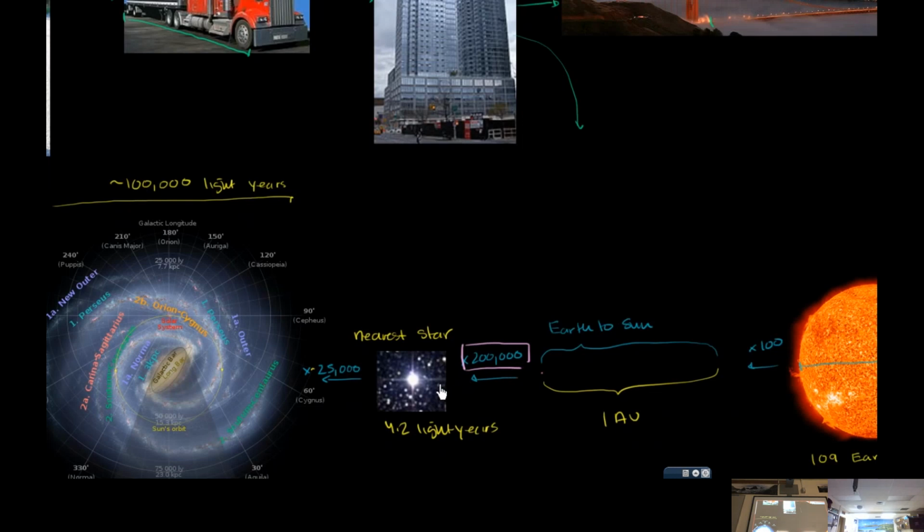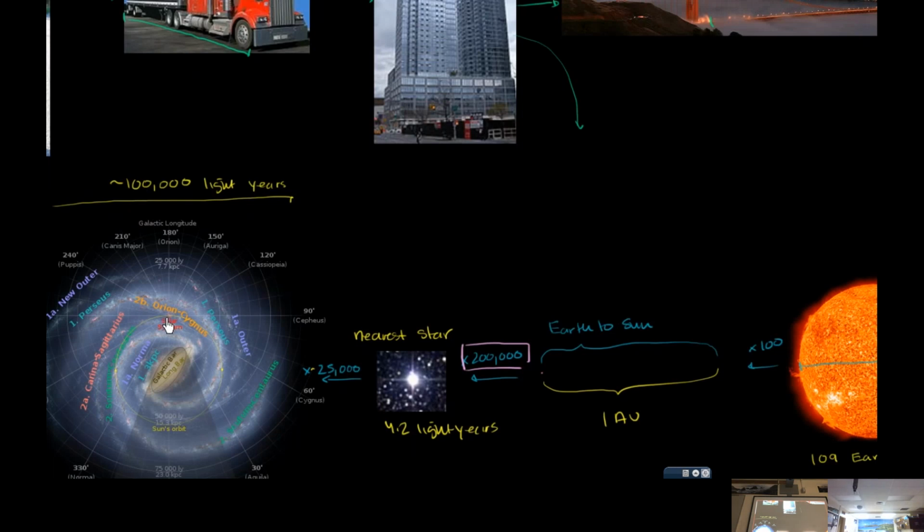And then if you really want to realize how large a galaxy itself can be, you take this distance between our solar system and the nearest star. So that's 200,000 times the distance between the Earth and the sun, and you multiply that distance by 25,000. So if the sun is right here, our nearest star will be in that same pixel.